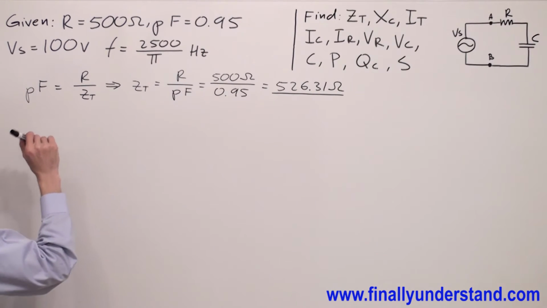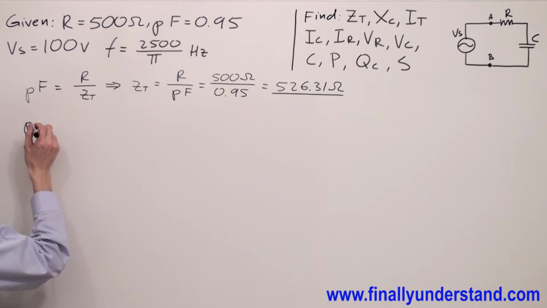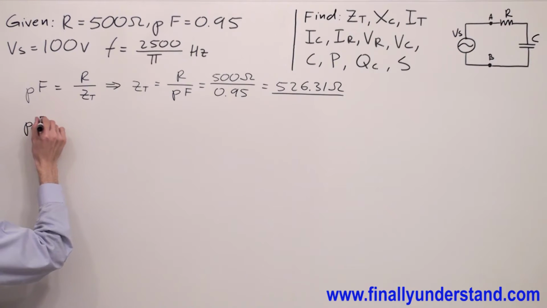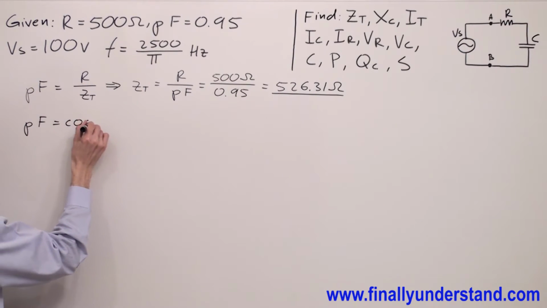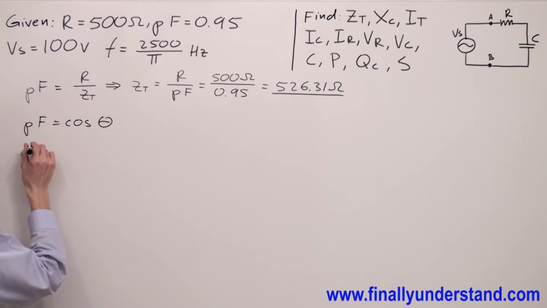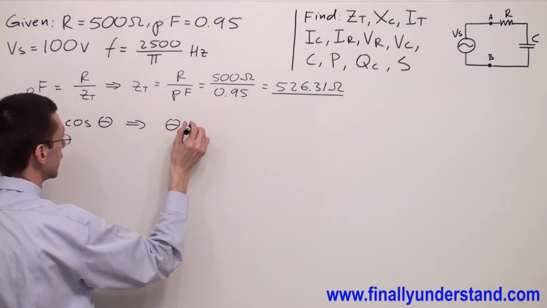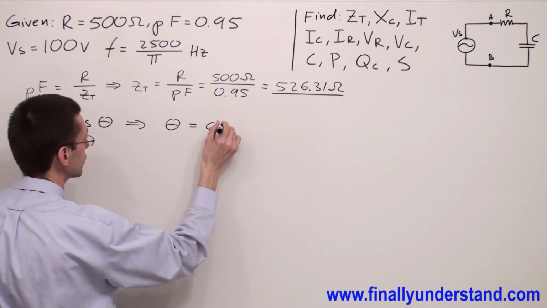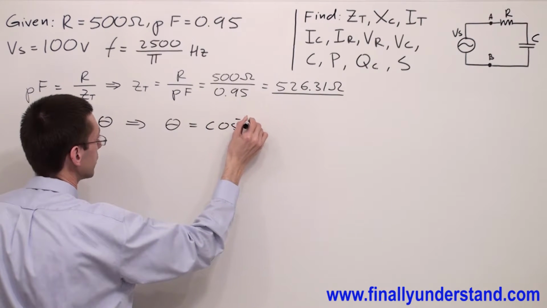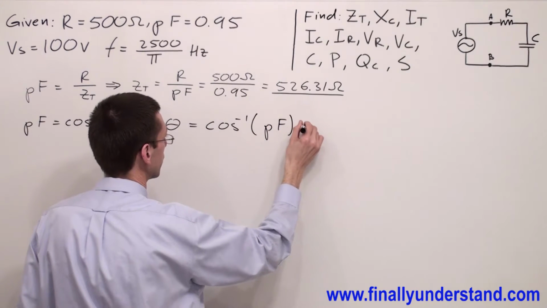Please notice that the power factor is given, and we have another formula for power factor, which says power factor equals cosine of angle theta. If you want to find angle theta, you're supposed to simply write theta is equal inverse cosine of power factor.